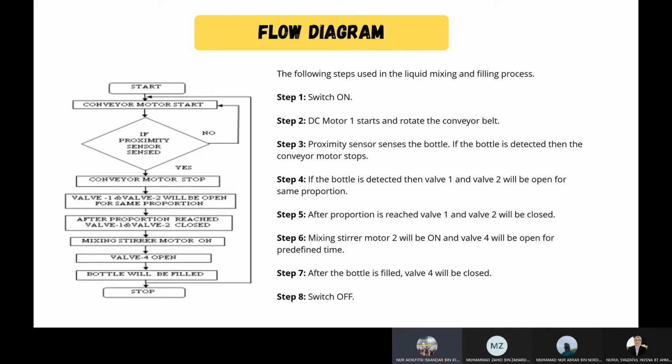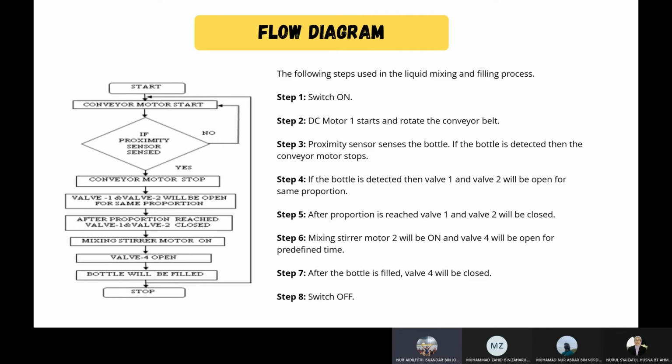Okay, for the flow diagram, the steps of the liquid mixing and filling process are: step 1, switch on. Step 2, DC motor 1 starts and rotates the conveyor belt, and the proximity sensor senses the bottle. Step 3, if the bottle is detected, then the conveyor motor will stop. Step 4, if the bottle is detected, then valve 1 and valve 2 will open for the same proportion.